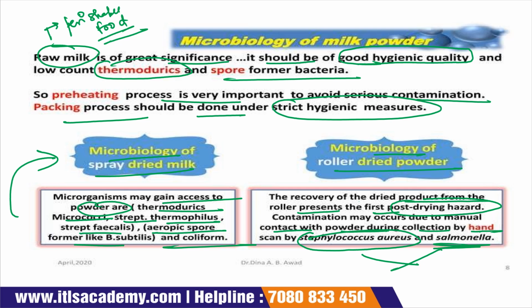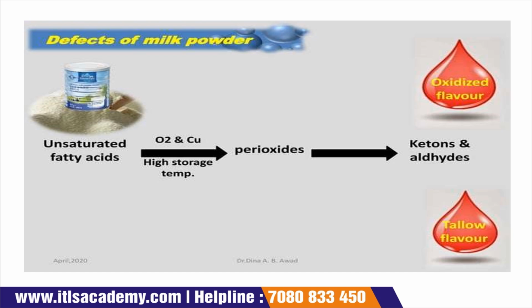Okay, now the next topic is the defects of dry milk powder. If we have unsaturated fatty acids in the presence of oxygen and copper at a high temperature, they are converted into peroxides, and then the peroxides are converted into ketones and aldehydes.